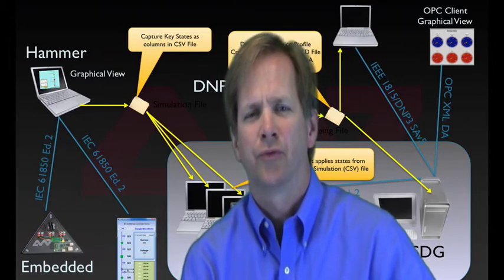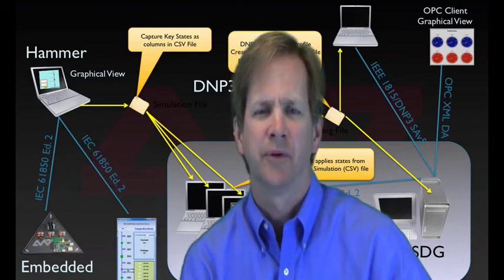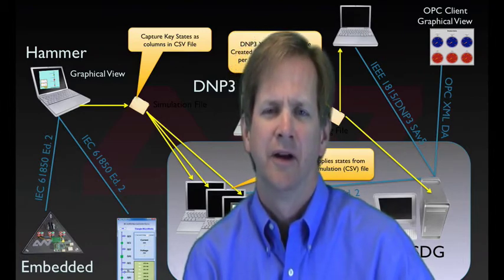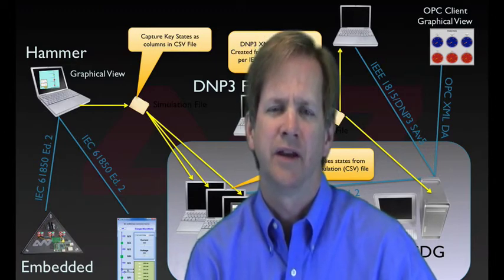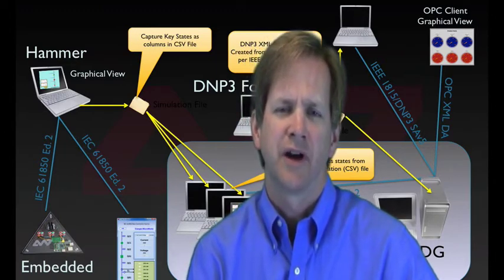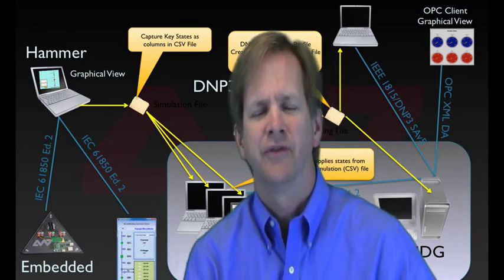In subsequent videos, we'll provide an overview of Insight, the graphical tool, showing graphical capabilities added to Anvil and Hammer, and we'll show the use of DNP3 Forge to create and edit DNP3 device profiles and DNP3 to IEC 61850 mapping files.